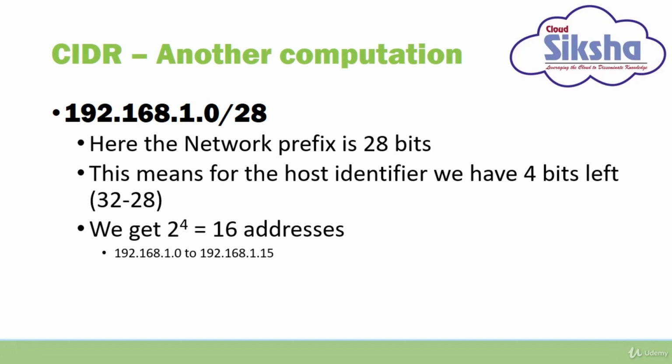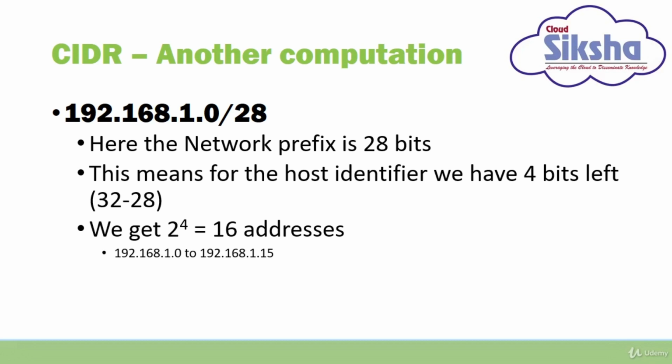How do you get to 4? Because 32 is the total, 28 is already fixed for the network prefix, so 32 minus 28, you get 4 bits. 4 bits can give rise to 2 to the power 4, which is 16 numbers. So you can get 16 addresses for the host identifier.